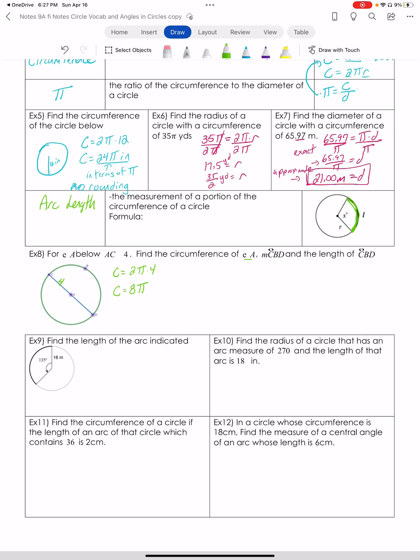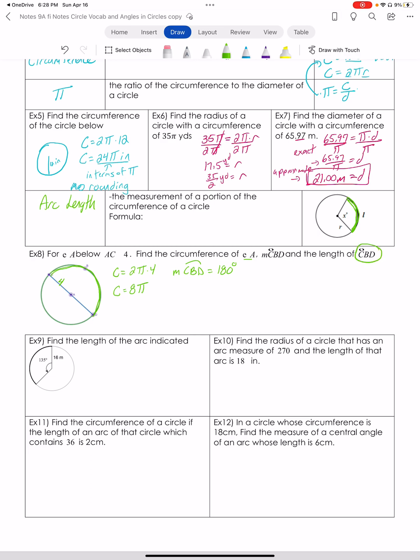The measure of arc CBD, well, what's the measure of arc CBD is equal to 180 degrees because the endpoints are on the diameter.